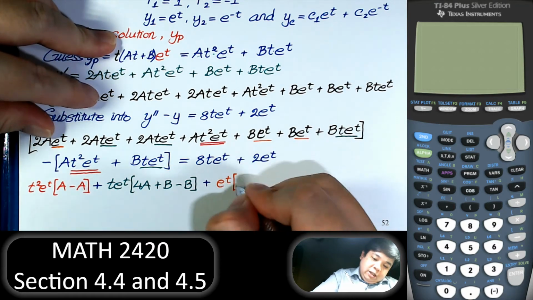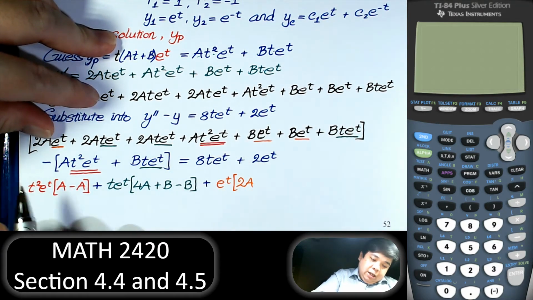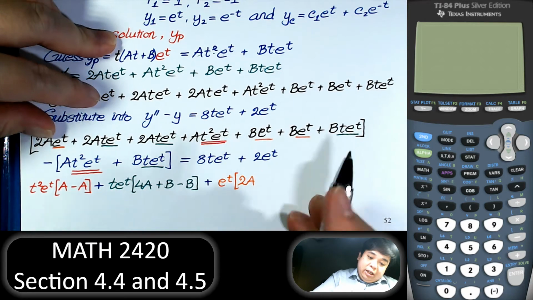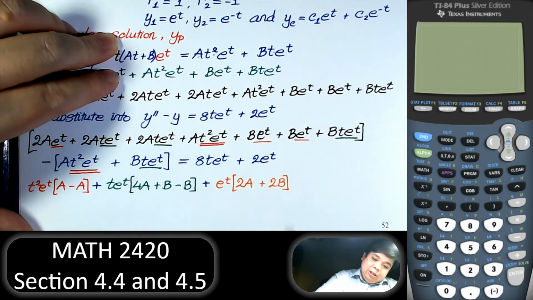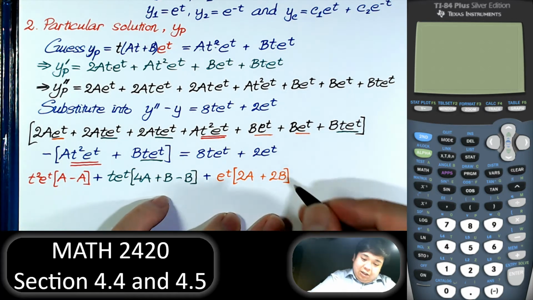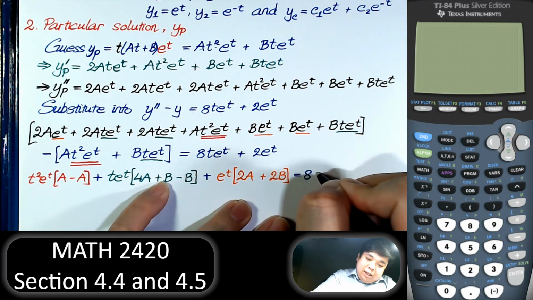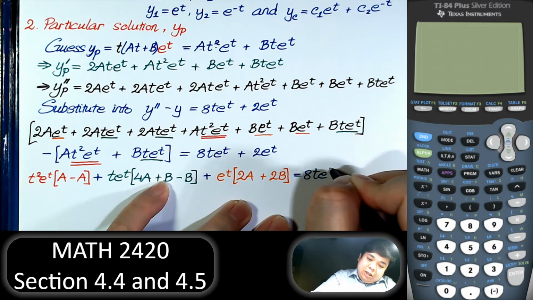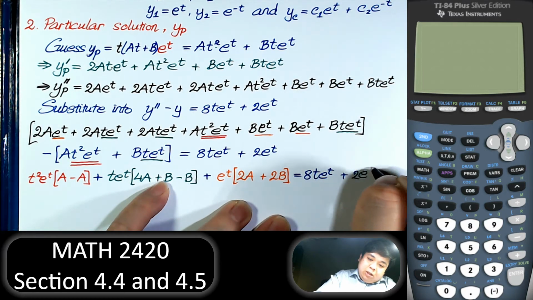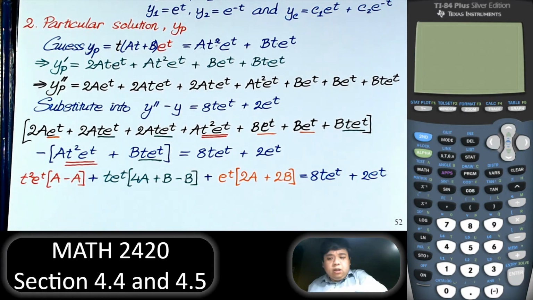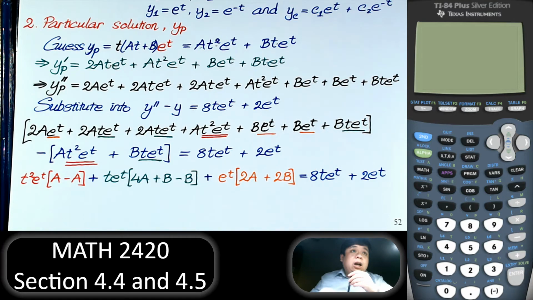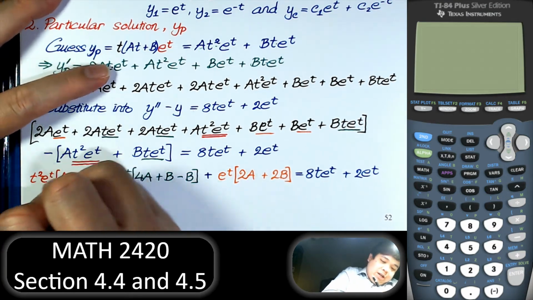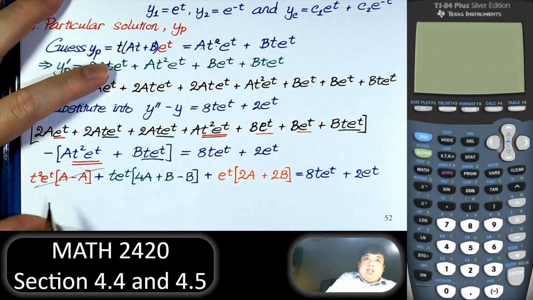There's 2a and there's 2b, 2a e to the t plus 2b e to the t. Now, good thing is that one cancels out because there's a minus a, 0.